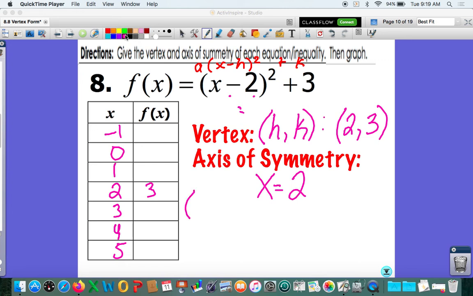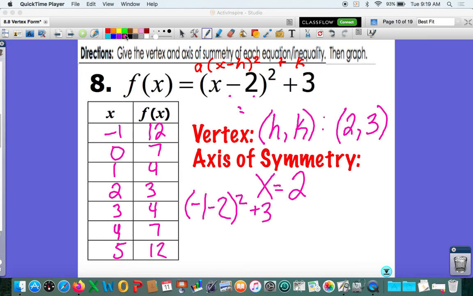In place of x, I'm going to put -1 minus 2 squared plus 3. When I put that into my calculator, I'm going to get an answer of 12. When I plug in 0, I get 7. When I plug in 1, I get 4. And then 4, 7, and 12.